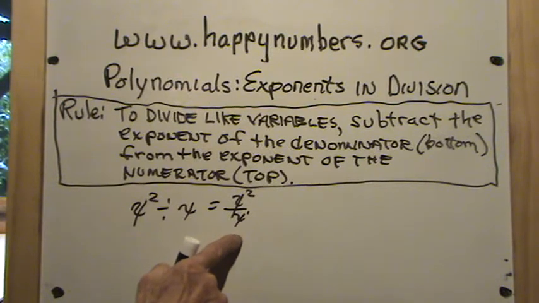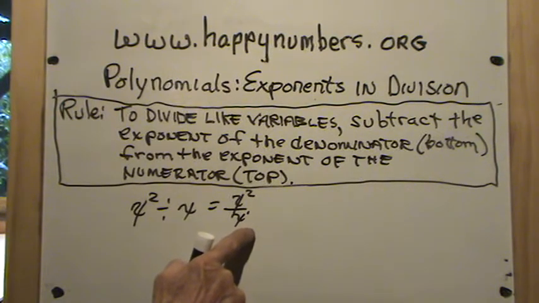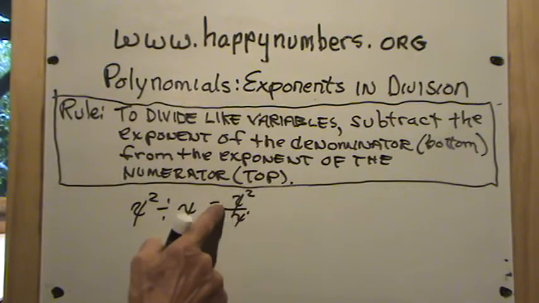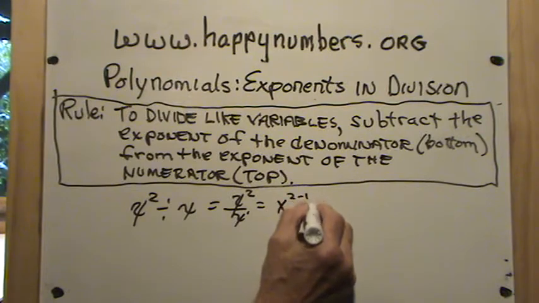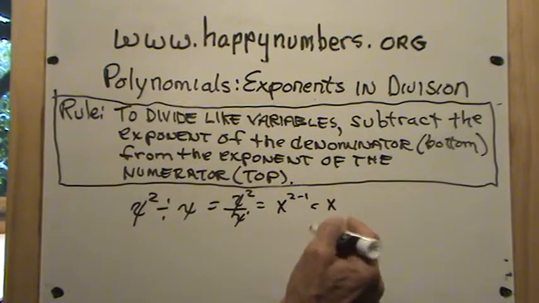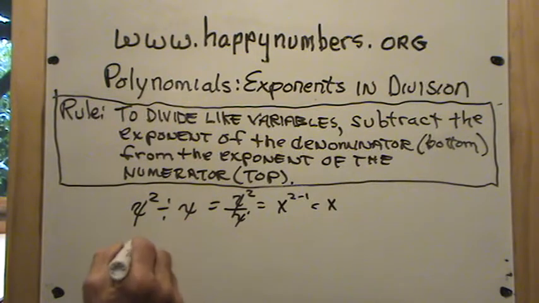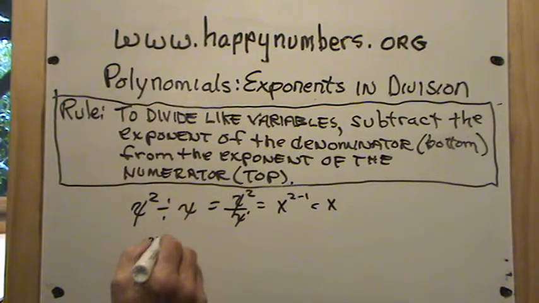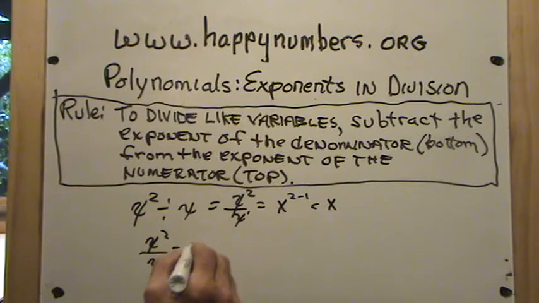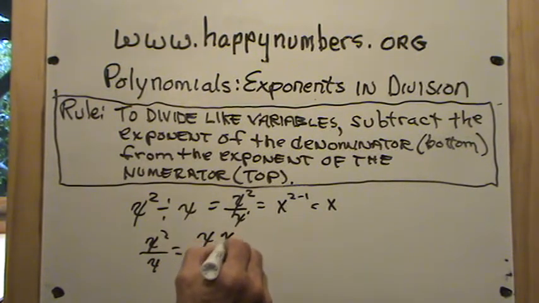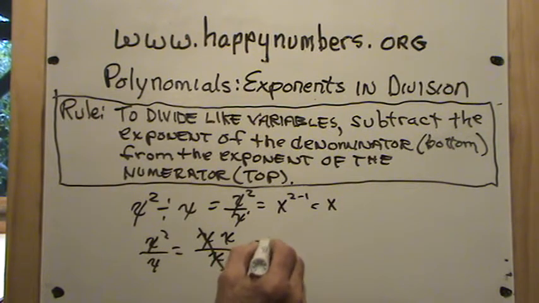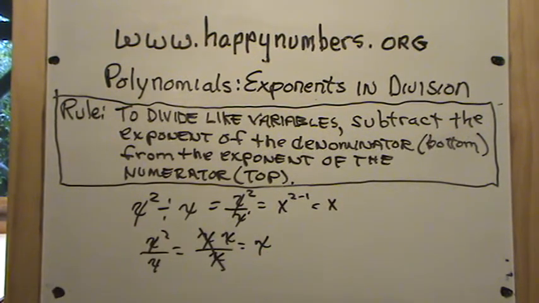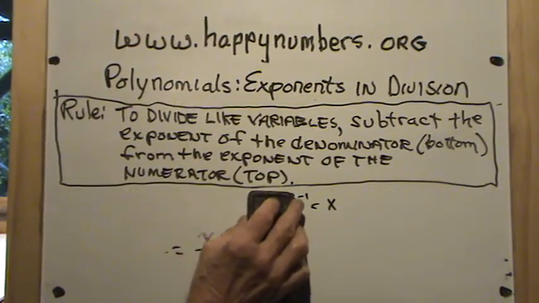Well, the rule tells us to subtract the exponent of the denominator, the bottom part, from the exponent of the top, which would be x to the 2 minus 1, which would equal x to the 1, or just x. And here's why. X squared divided by x is equal to x times x divided by x, and the x's cancel out, and we just have x. So that's how simple it is when we're working with exponents in division.